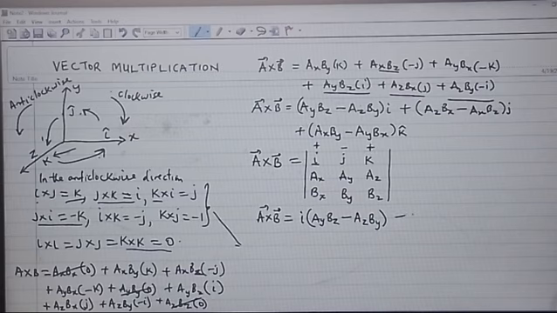Say minus J into, once you are working with J as a multiplier, you exclude the column containing J and multiply diagonally. So you now say AXBZ minus AZBX, plus K. Now we are going to repeat what we've been doing.